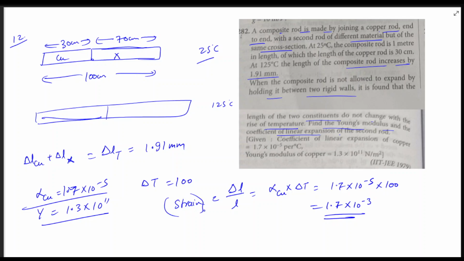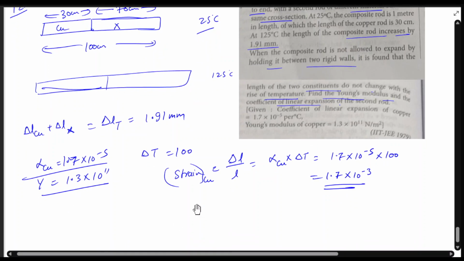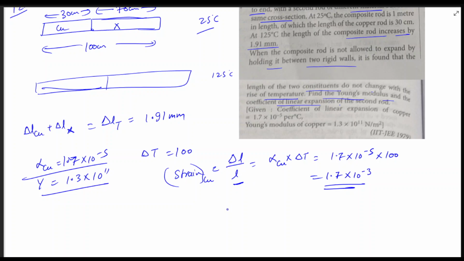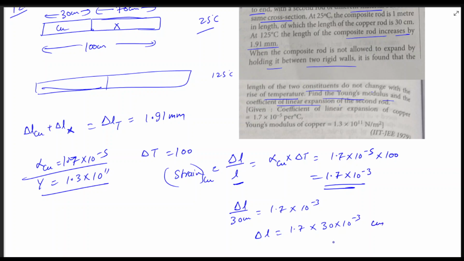So this is strain of copper, right? Now we know the length of the copper is 30. So we can find delta L upon 30 centimeter equals 1.7 into 10 to the power minus 3. So delta L will be 1.7 into 30 into 10 to the power minus 3 centimeter.